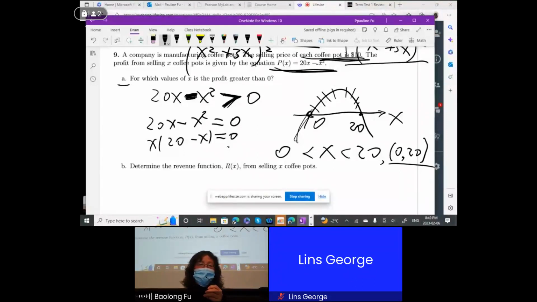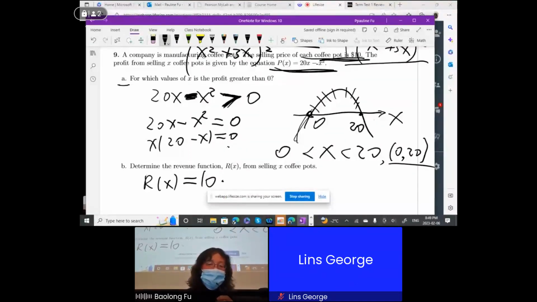So we solved question A. Question B, determine the revenue function. Revenue equals unit price times quantity. Unit price is $10, given. So that is question B.